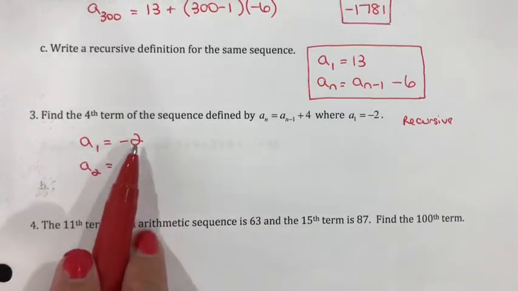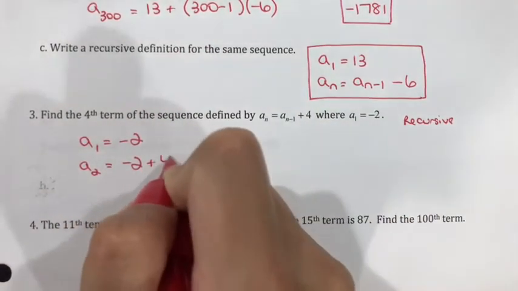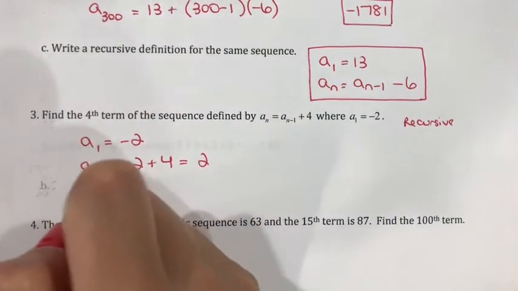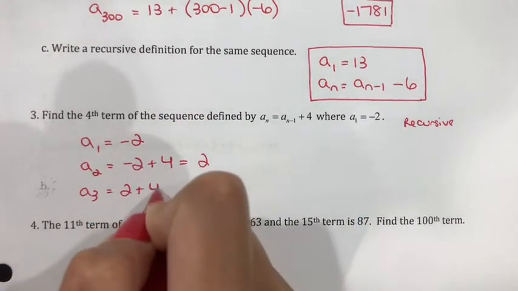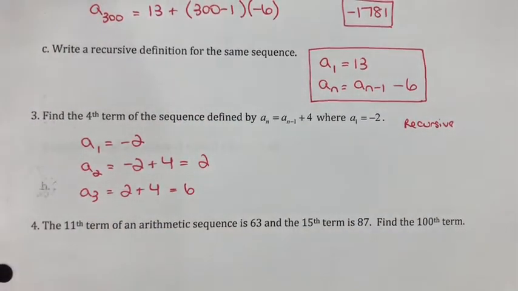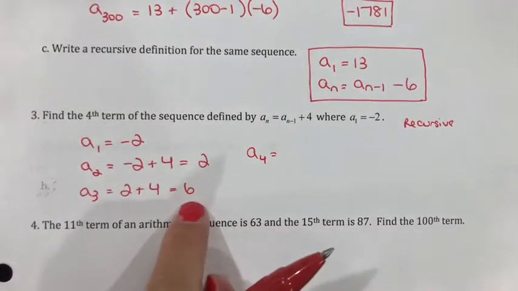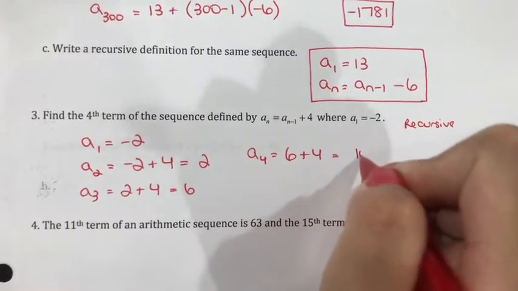So to find the 2nd one, I'm going to take the previous term and add 4 to it. To find the 3rd term, I'm going to take the previous term and add 4 to it. To find the 4th term, I take the previous term, which is 6, and add 4 to it.